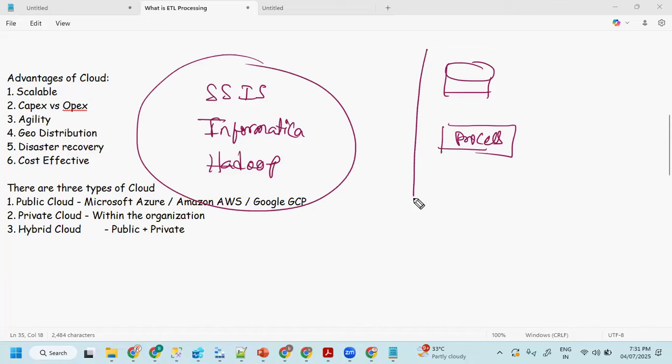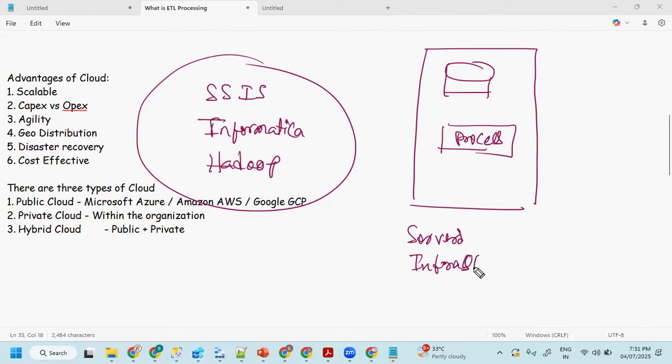So to have all these systems, you need a few things. Servers are required, so infrastructure is required. A networking team is required, and cooling systems are required, and security is required.